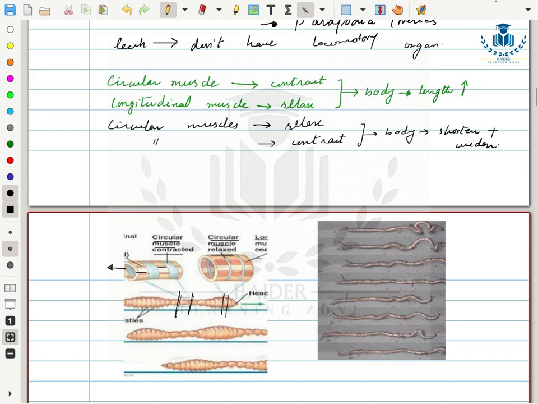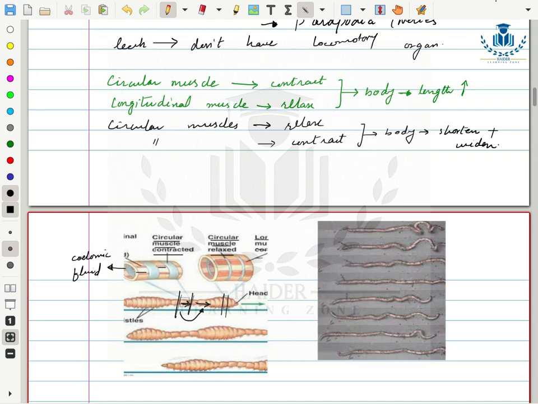When this condition happens, coelomic fluid will be propelled from this region to this region, because you know that here the area is less than this part. So coelomic fluid will move from this part to this part, and with the movement of coelomic fluid, the body will move a little forward.